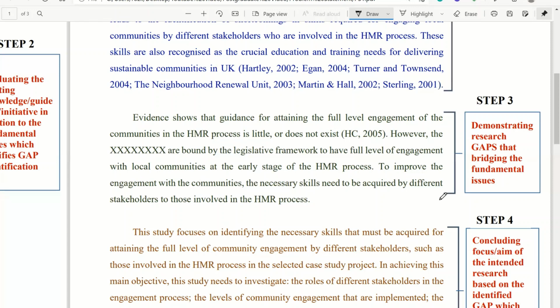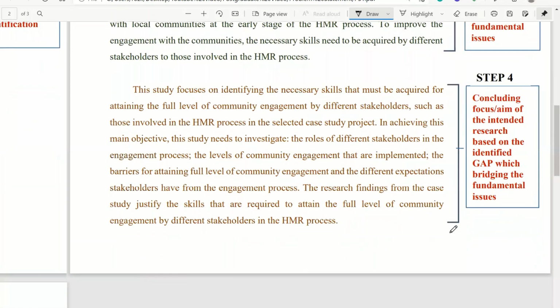So at this level, at component 3 or step 3, the researcher has already identified the gaps, and from this gap, the researcher leads the reader to what this study is investigating based on the gap. Right? So component 4, step 4, is the concluding focus or aim of the intended research based on the identified gap which bridges the fundamental issues.